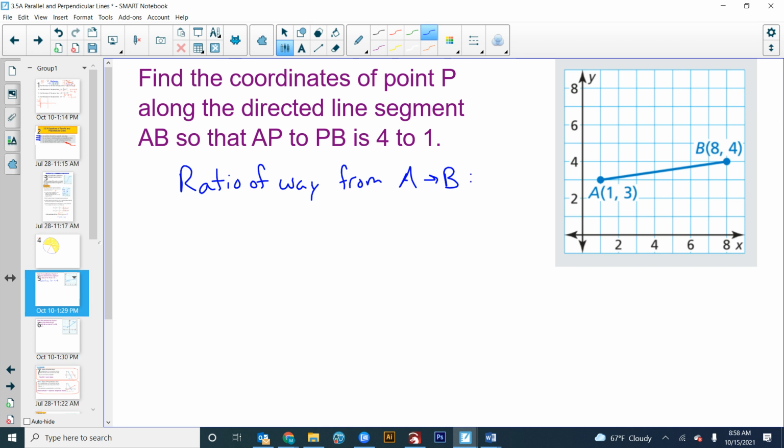Do you guys agree? Jackson, if you get 4 pieces and Caden gets 1, you get 4/5 of that cake, right? 4/5.